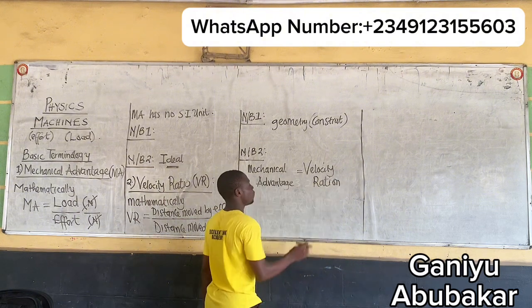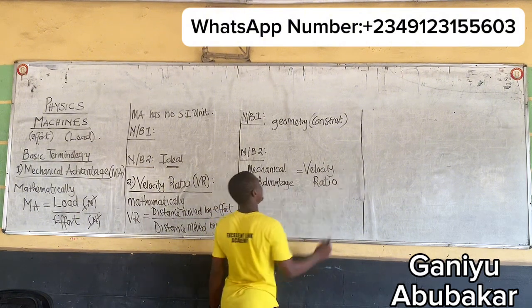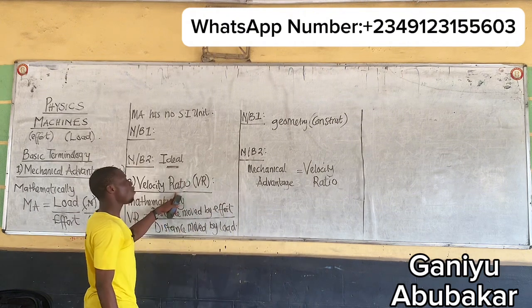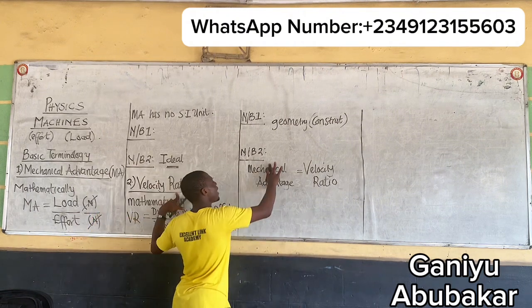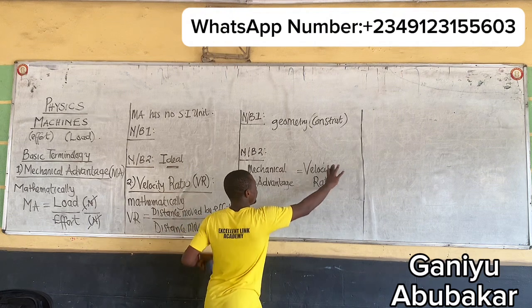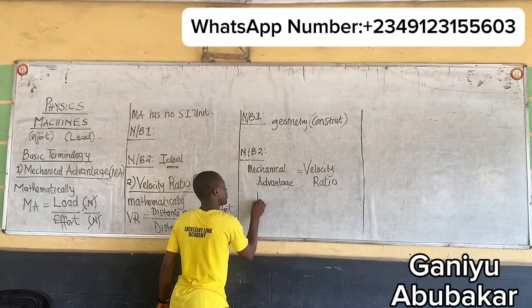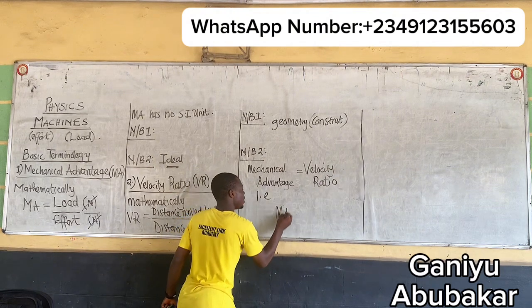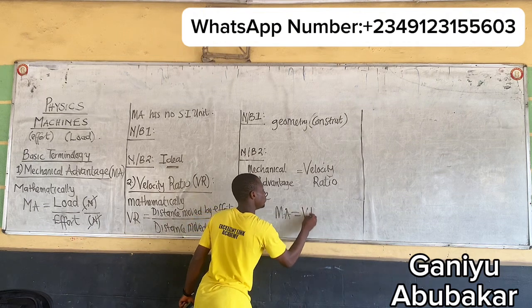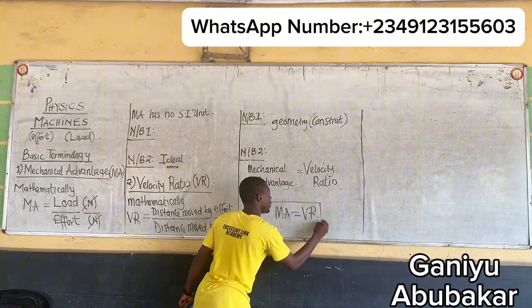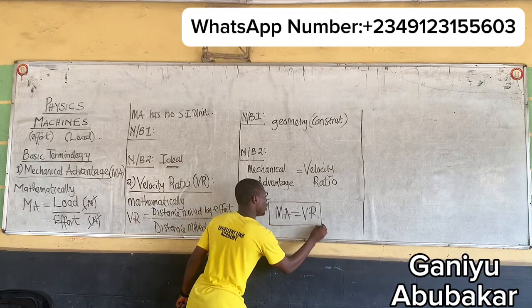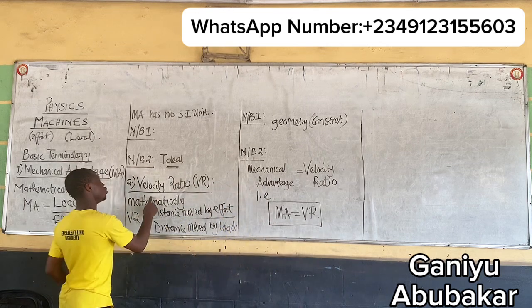Please note that for an ideal machine, under velocity ratio, mechanical advantage is equal to velocity ratio. That is, MA is equal to VR. Please, very important. This concept is under velocity ratio.